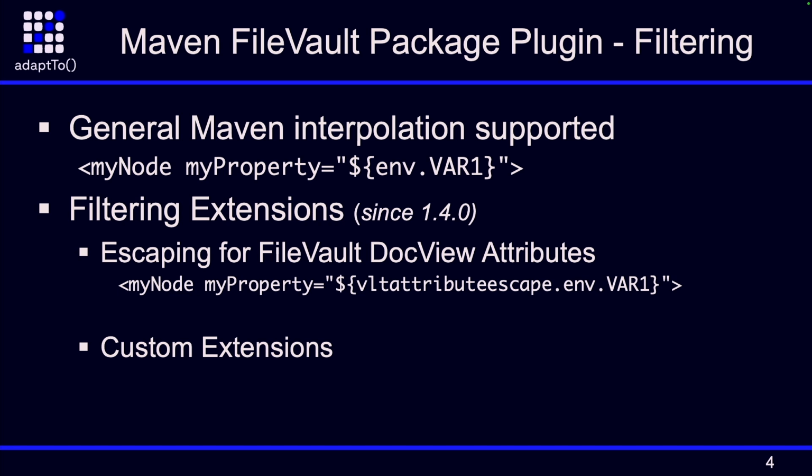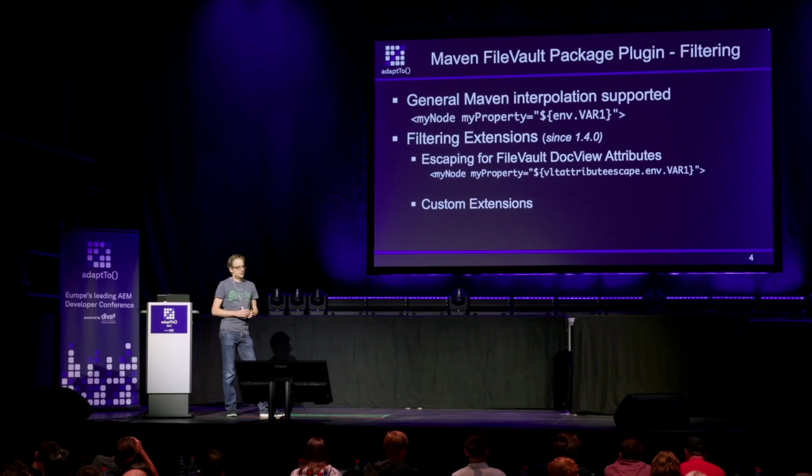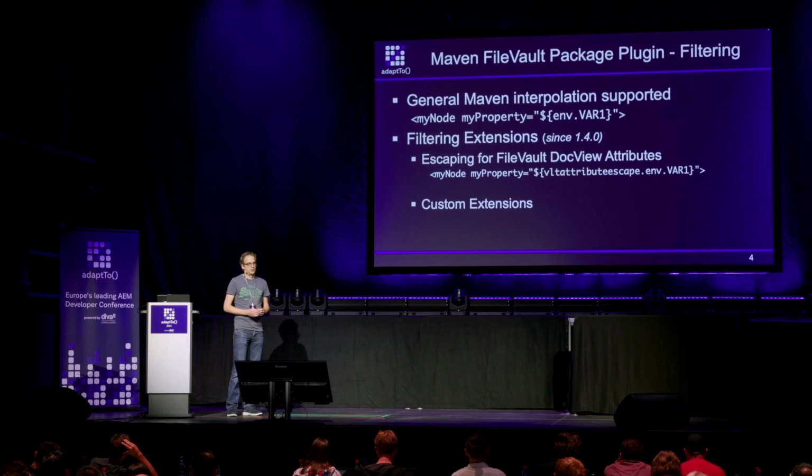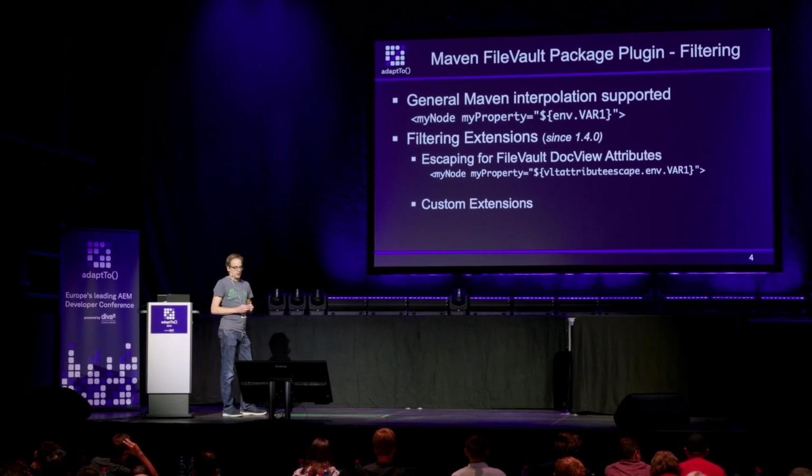What is pretty new, though, is the feature which was introduced in 1.4.0, and this one is filtering extensions. So it no longer supports only simple placeholder replacements, but you can put in some additional logic.